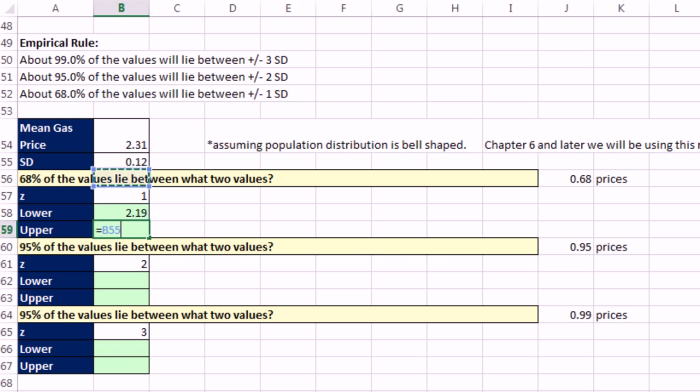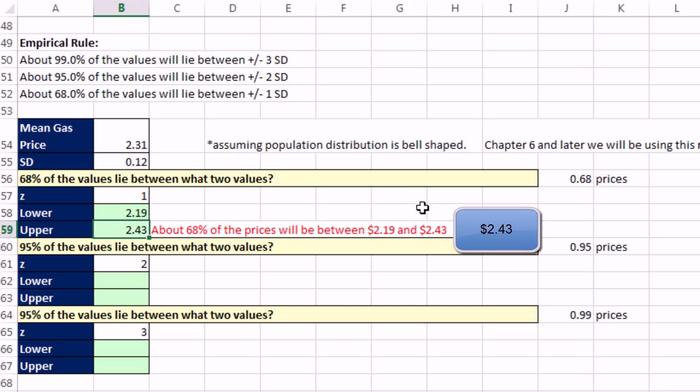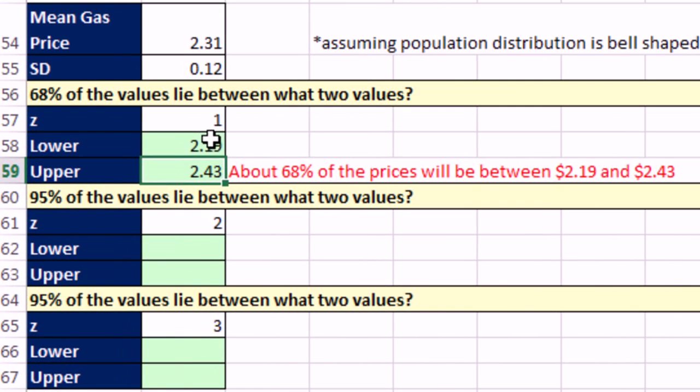For the upper, we're going to take our mean, $2.31, and add to it 1 standard deviation times the 12 cents. So about 68% of the prices will be between $2.19 and $2.34.